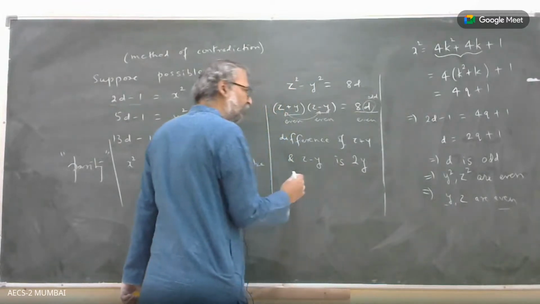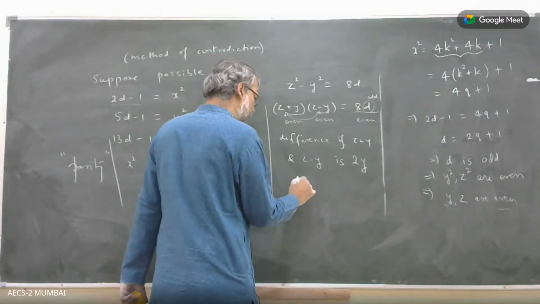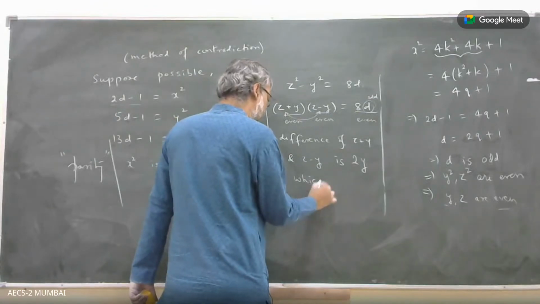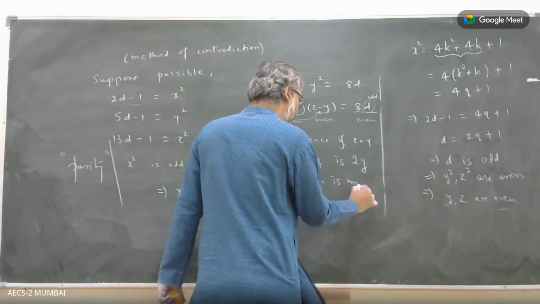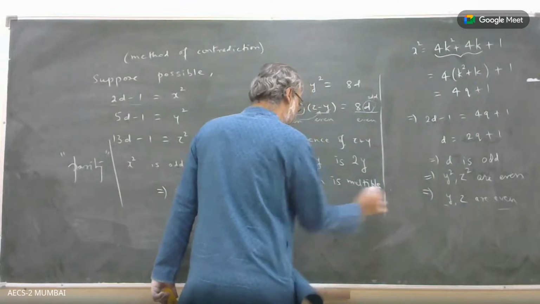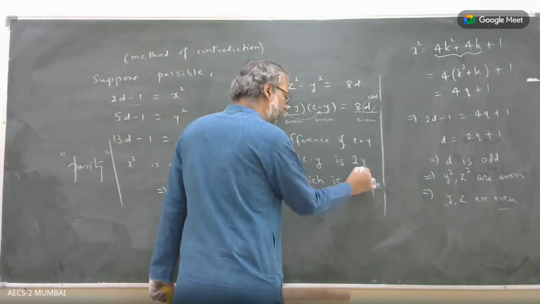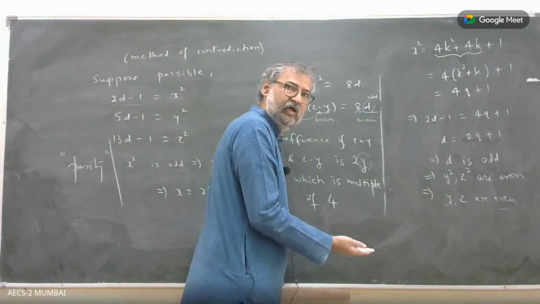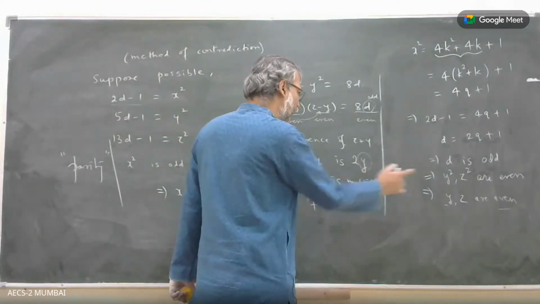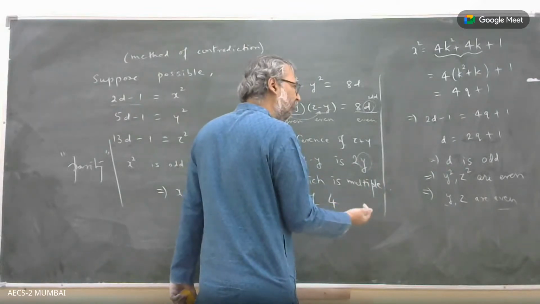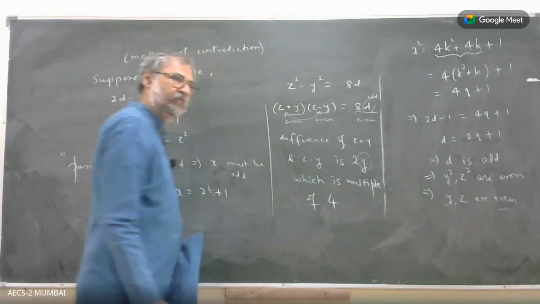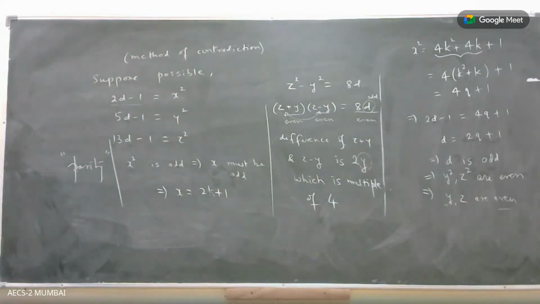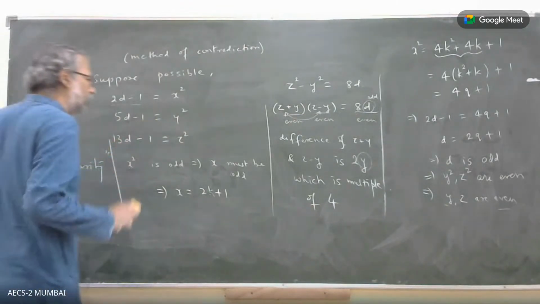So that means this is a multiple of 4, because 2 divides y, so 2 times that, so 4 divides it. Okay, agree? So 2y, y is even, so 2y is a multiple of 4. So good? You want to get some contradiction, keep that in mind. So far we haven't found anything wrong. Everything is fine.